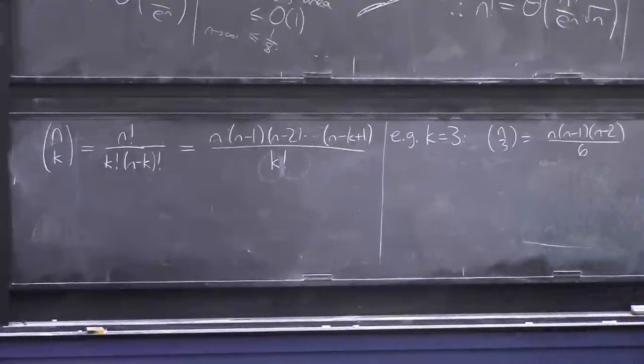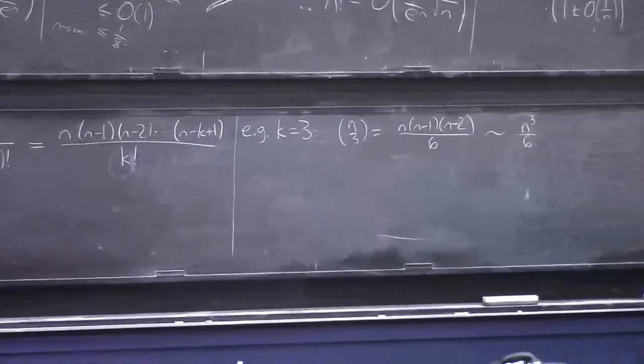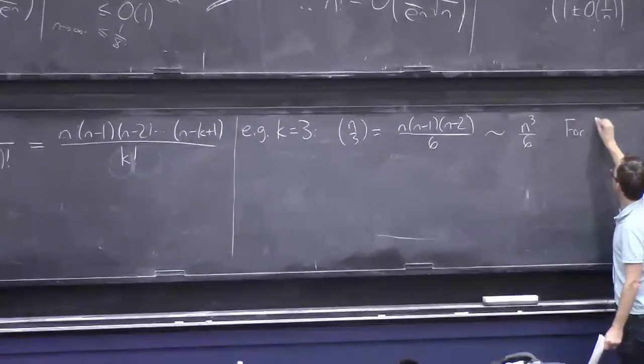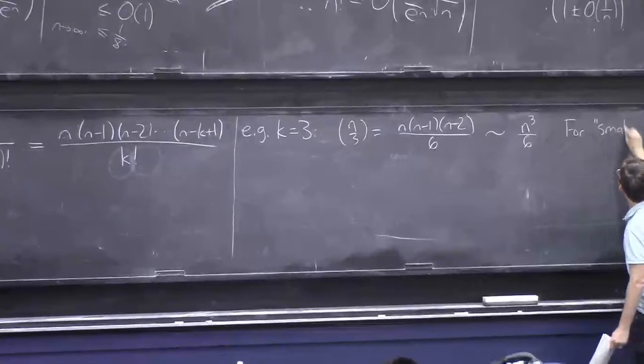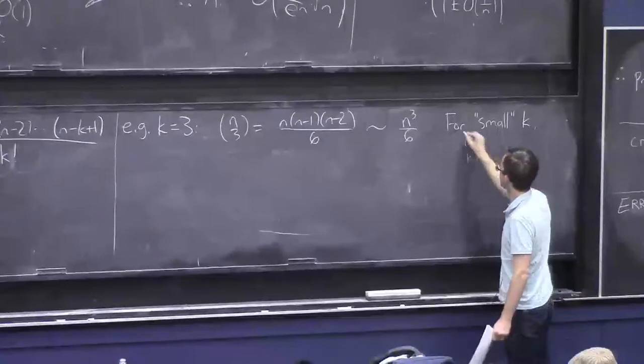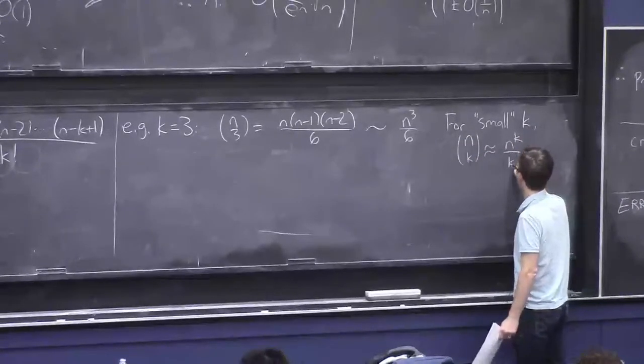And this is asymptotic to n cubed over 6. And that's it. You're done. And that's true in general. So for quote unquote small k, n choose k is approximately n to the k over k factorial.